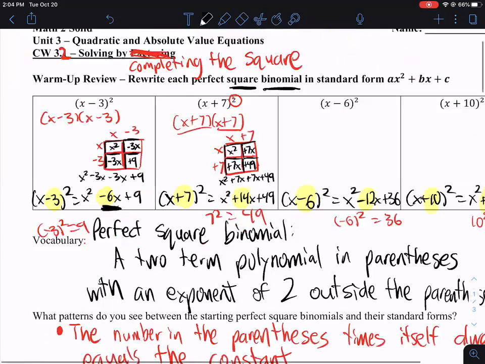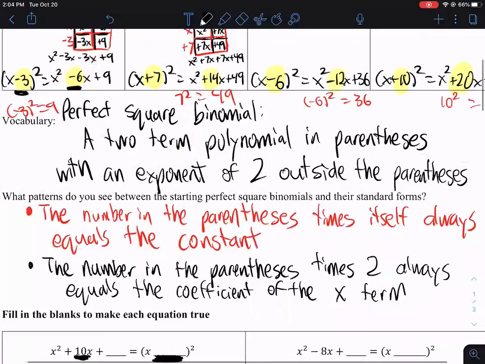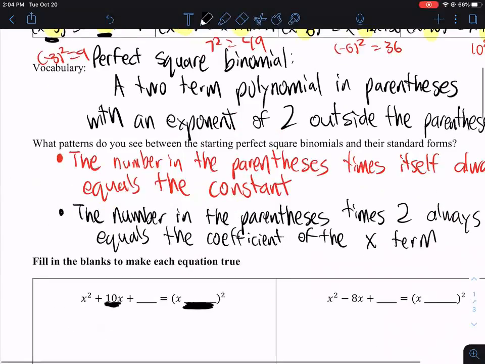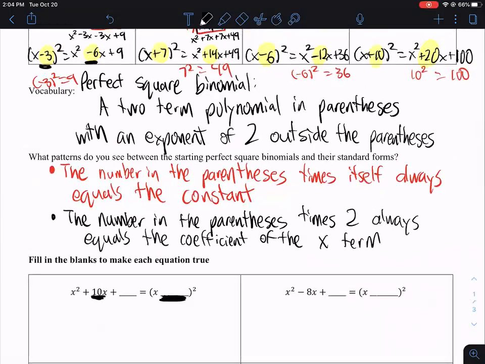Because in the original problem, we were looking at the -3, and we said -3 times 2 equals -6. But it might be more useful to think about it backwards. If we started by knowing the -6, then we divide it by 2 to get to the -3. It means the same thing, but we'll probably use it more in this direction.